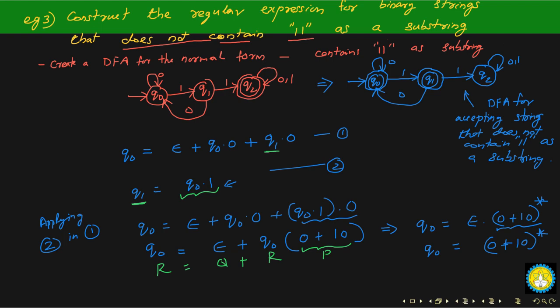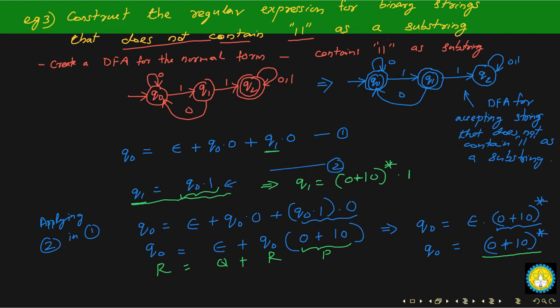Since we have Q0 as (0 plus 1 0) star, we can substitute it here. So Q1 is going to be (0 plus 1 0) star into 1.